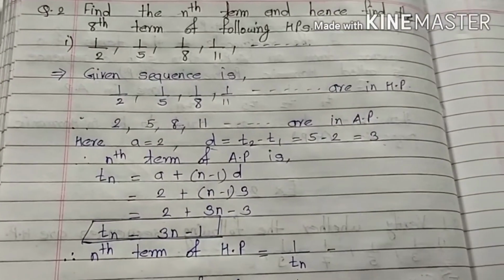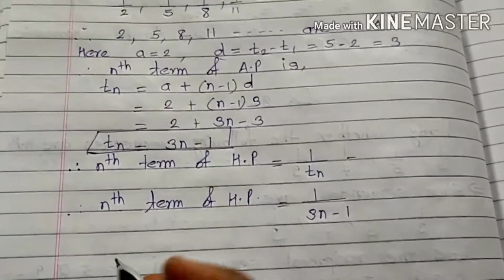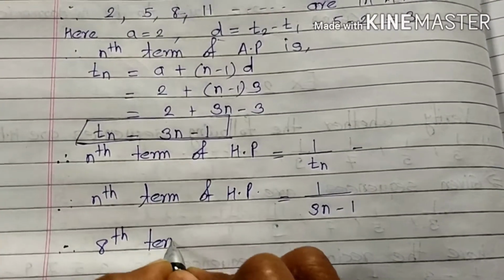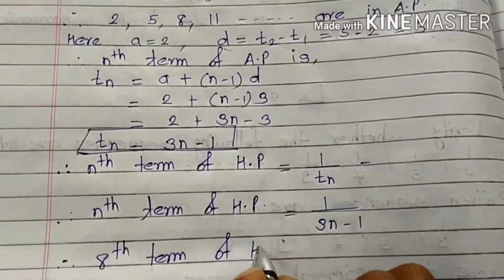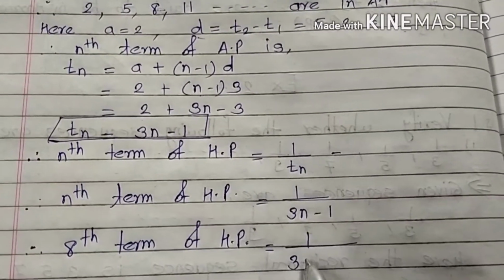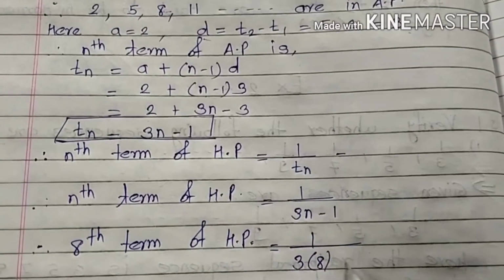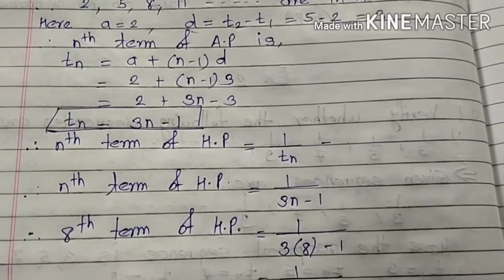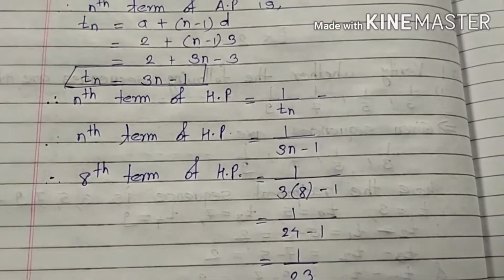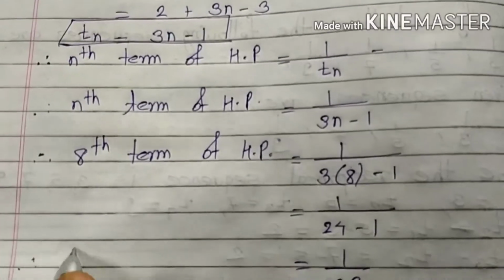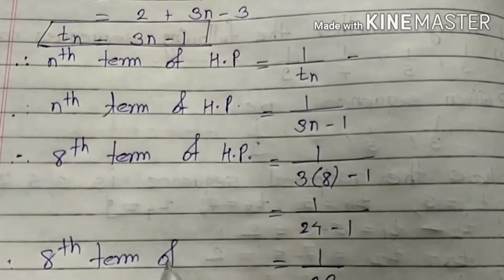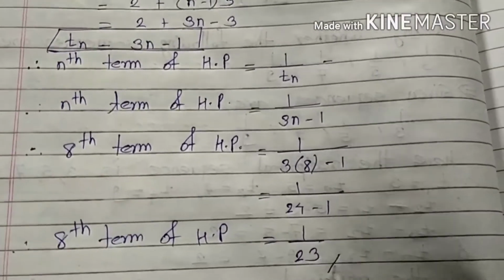Now here we have to also find the 8th term of HP. So therefore the 8th term of HP is equal to 1/(3 times 8 minus 1), which is equal to 1/(24 minus 1), and therefore 1/23. So the 8th term of HP is equal to 1/23.